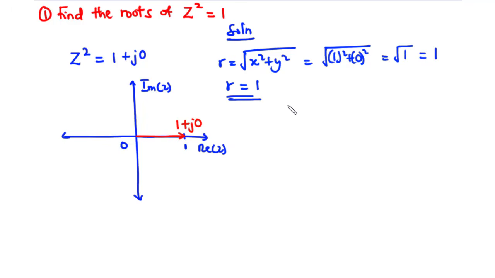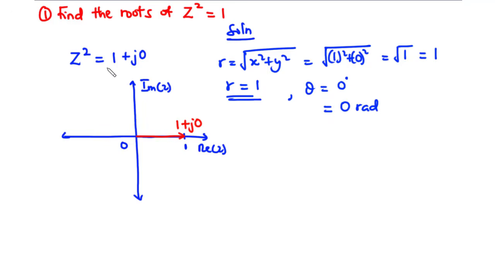Now let's find the angle theta. It is obvious that since this line is lying flat on the real axis, the angle between the red line and the real axis is 0 degrees. Therefore we say that theta is equal to 0 degrees, which in radians is still 0.